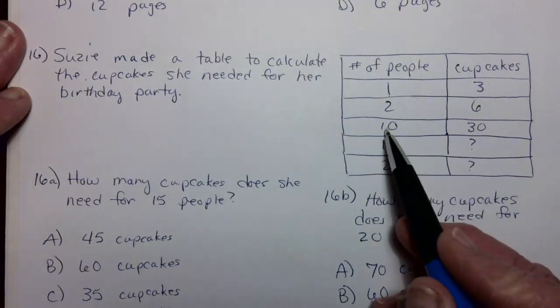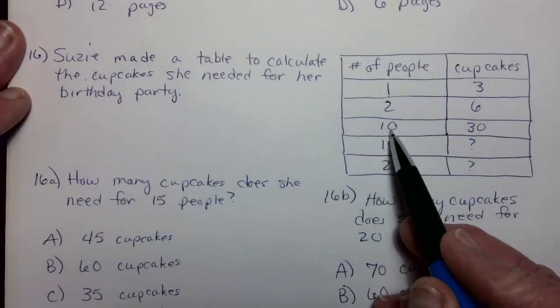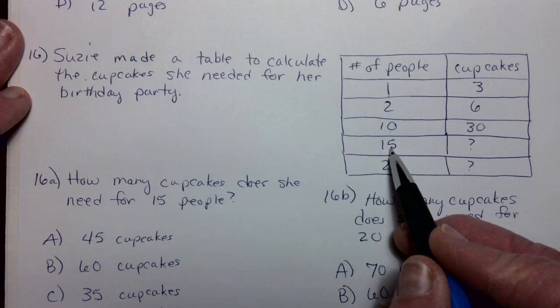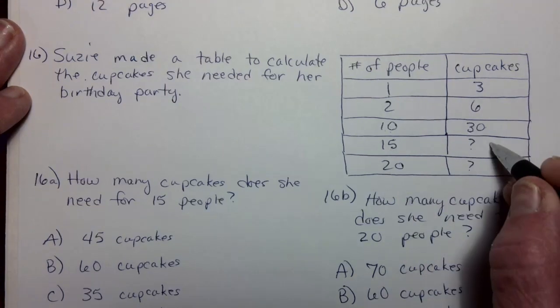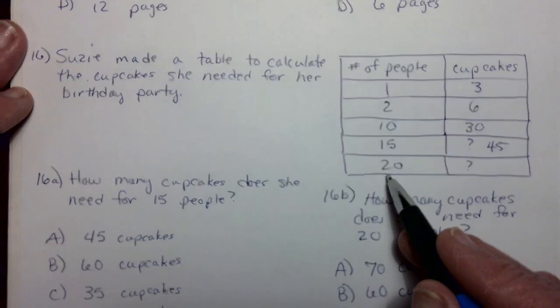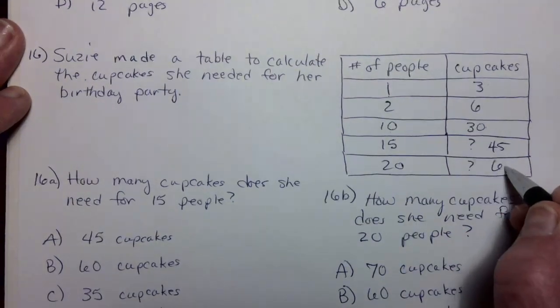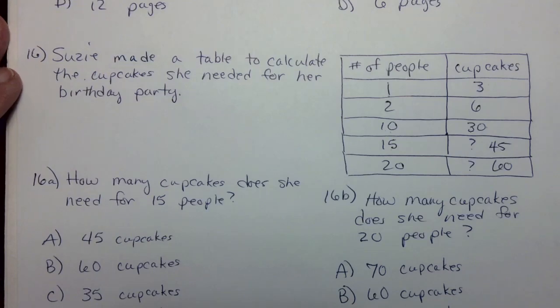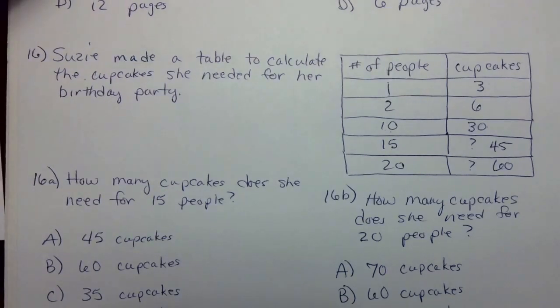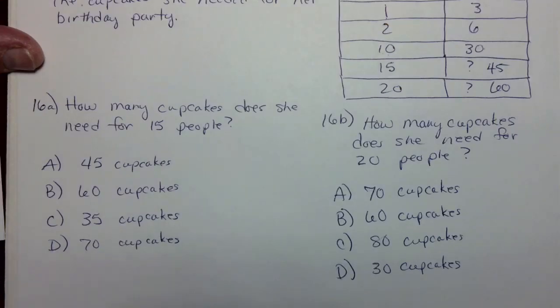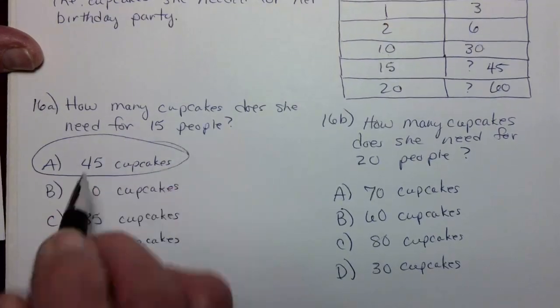If there's 10 people, I multiply by 3, and that's 30. If there's 15, we multiply by 3, and we get 45. And if there's 20, we get 60. Everybody follow that? So 15 people would need 45 cupcakes.